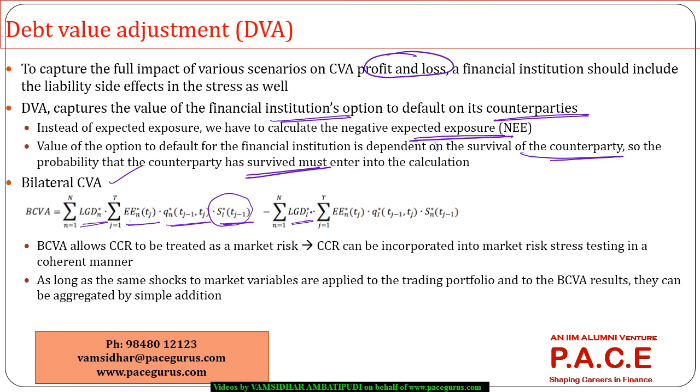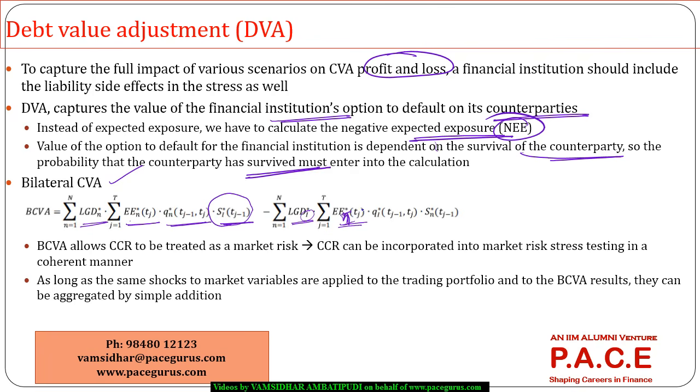Similarly, the loss given default to my counterparty if I default. I is the institution which we are measuring this. Similarly, expected exposure to the counterparty when my firm is defaulting. Here I can keep the expected exposure as it is because I'm taking the negative expected exposure, so I don't need to change this.